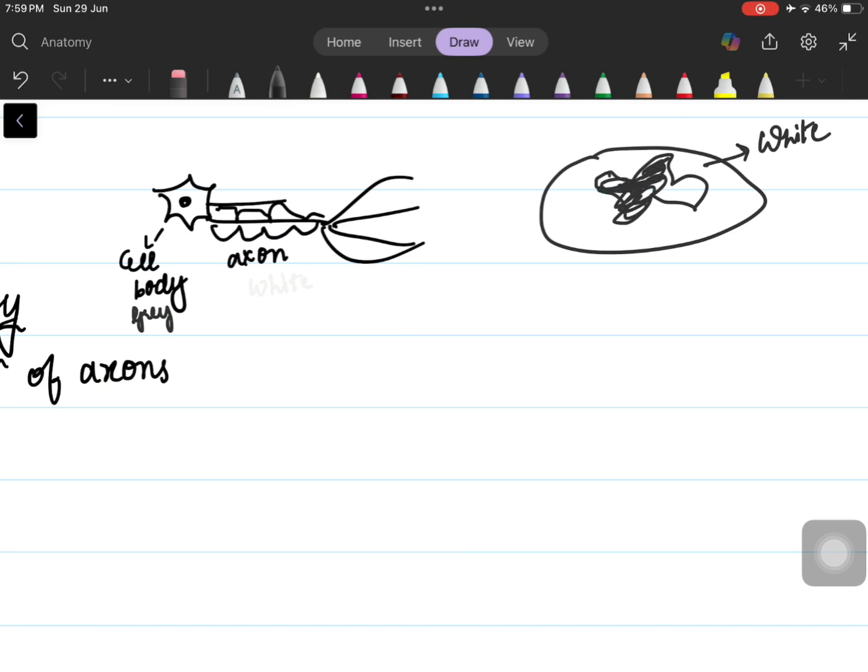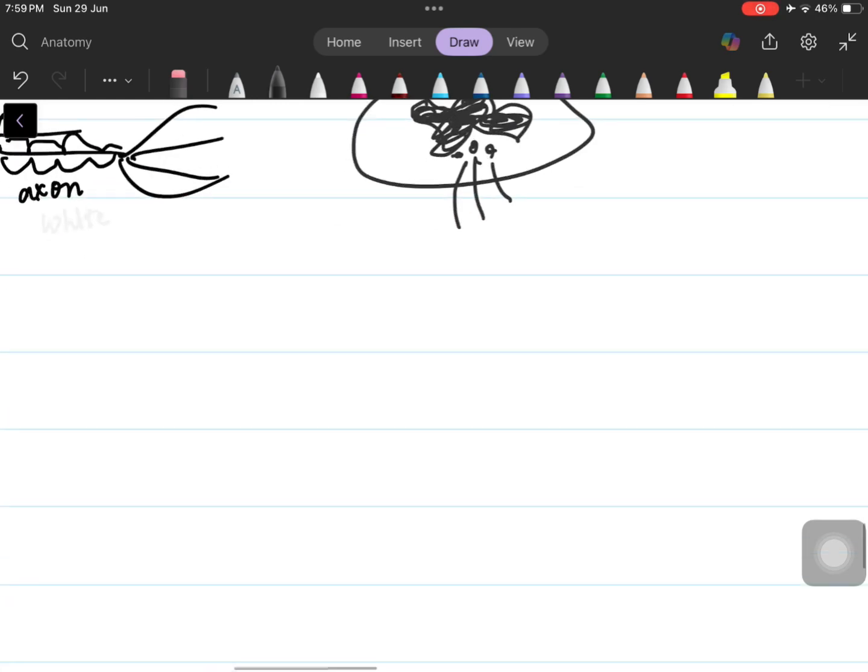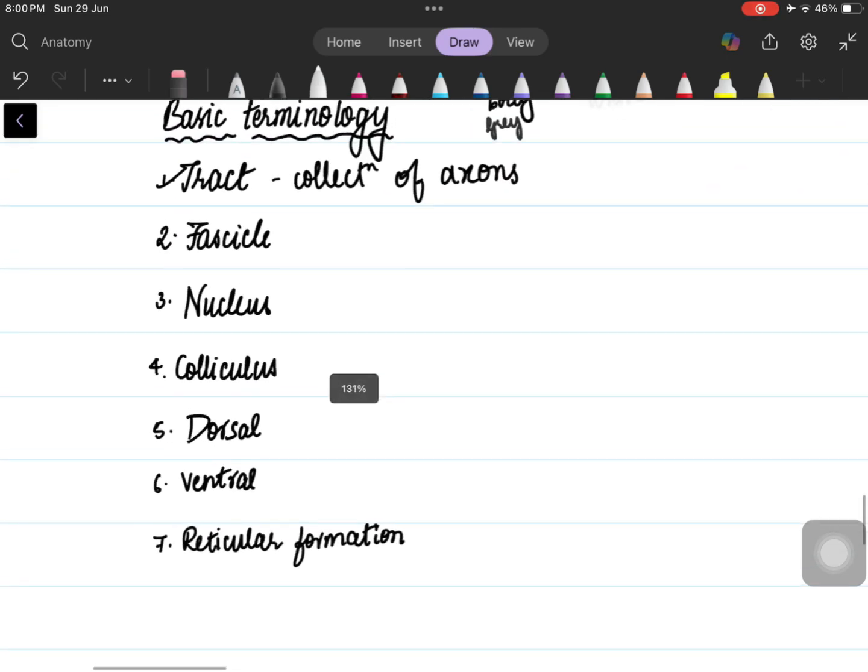It means the axons are coming from out and all the cell bodies are towards the center. Whereas same thing, if you look at the brain, it's the opposite. I wrote brains. So in the brain, outside it appears gray, but on the inside it has white matter. So this is one basic fact.